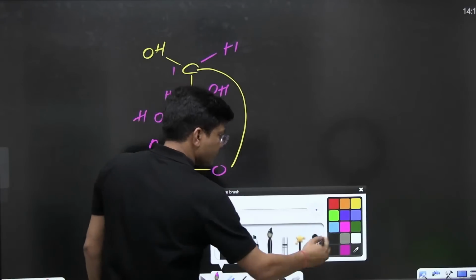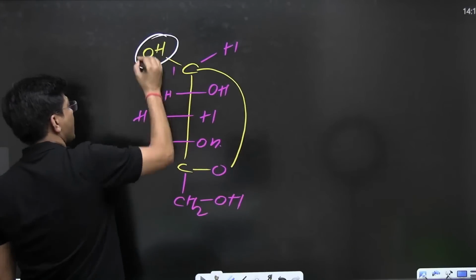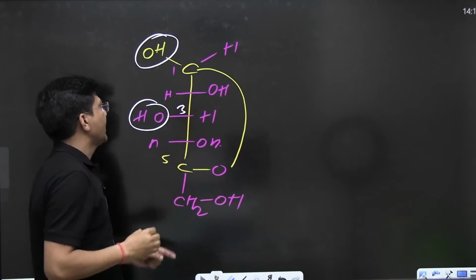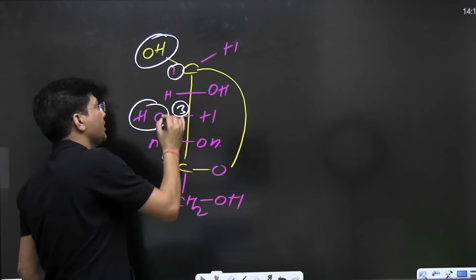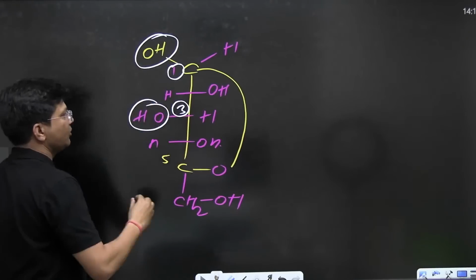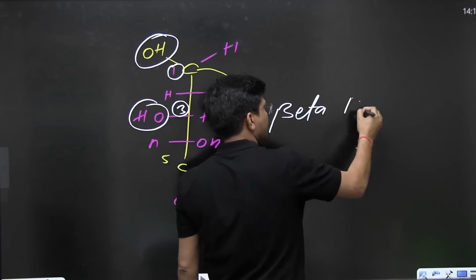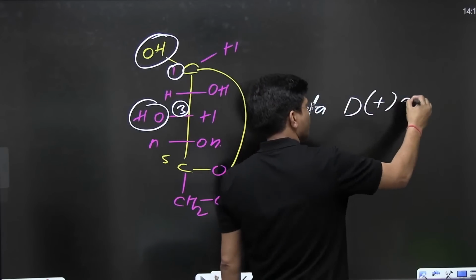Now my dear students, just see, the 1st carbon and 3rd carbon OH are on the same side. Remember this point, 1 and 3 are on the same side, we will call it beta D positive glucose.